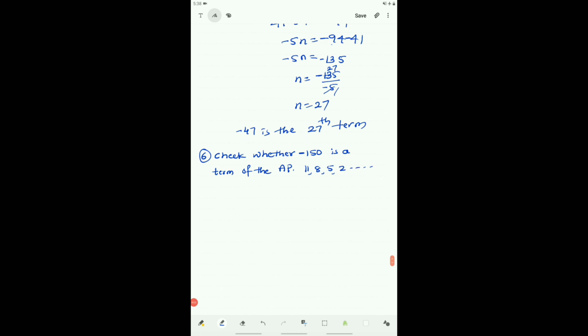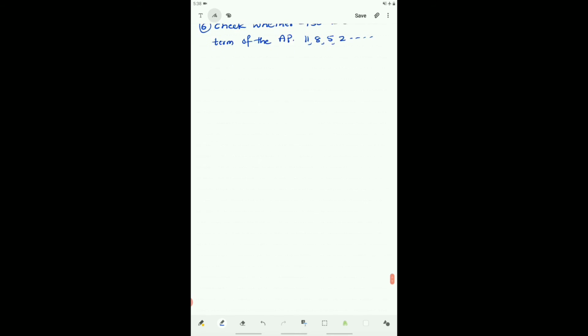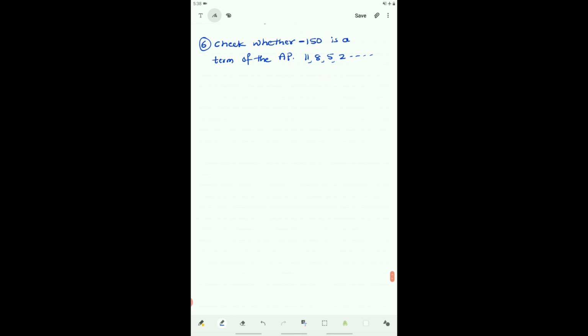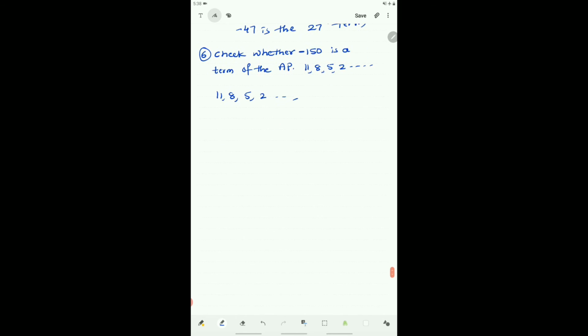Sixth question. Check whether minus 150 is a term of the AP. The given AP is 11, 8, 5, 2, and so on. Here we have to check whether minus 150 is a term or not. So let us consider minus 150 is the nth term.